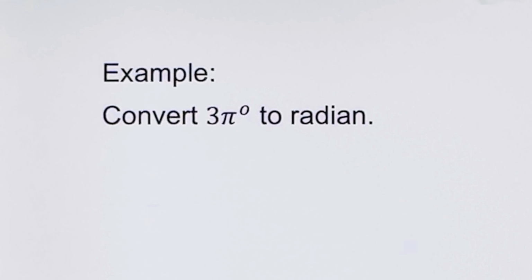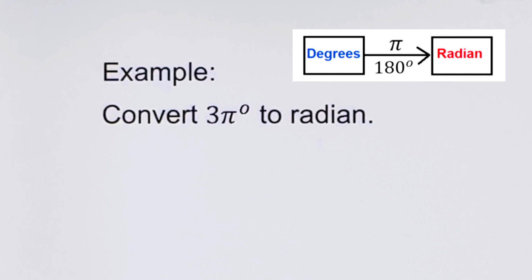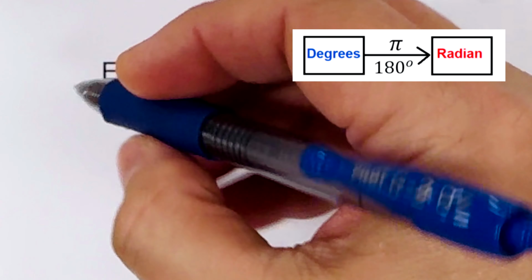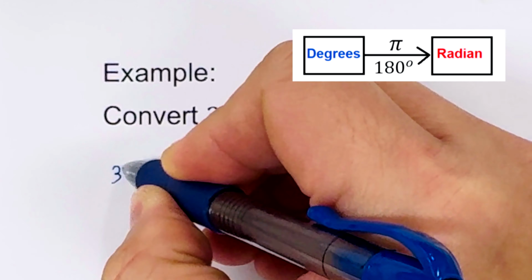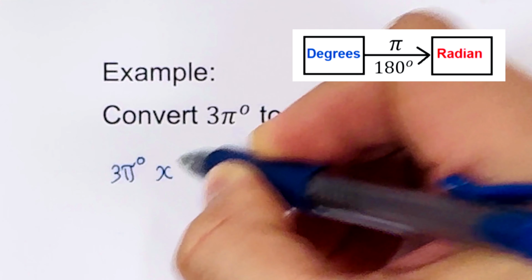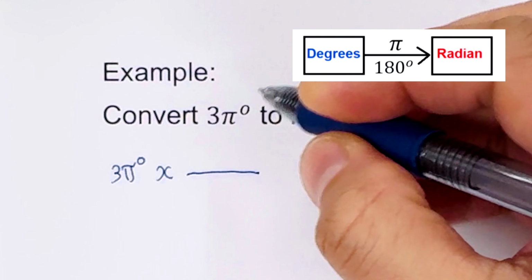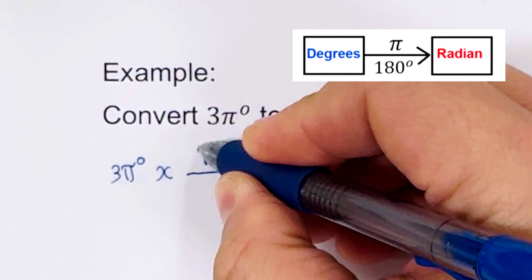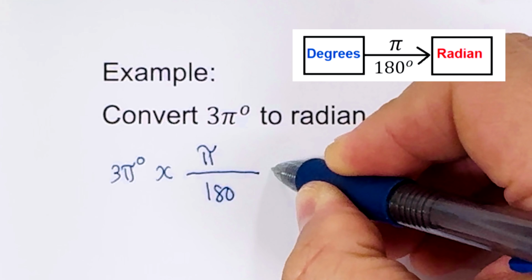In this problem right here, we're supposed to convert 3 pi degrees to radians. Again, this is an example of degree to radian conversion. We write the given value first, that is 3 pi degrees. Since it is from degree to radian, our multiplier is pi over 180. So we do the math here.